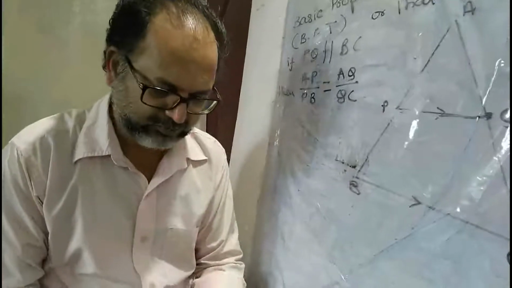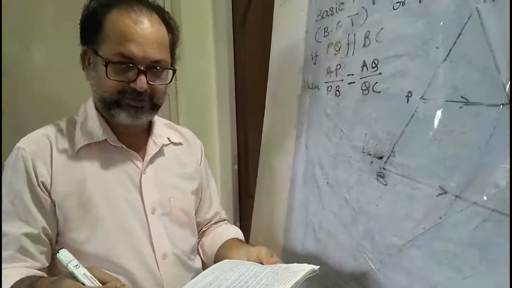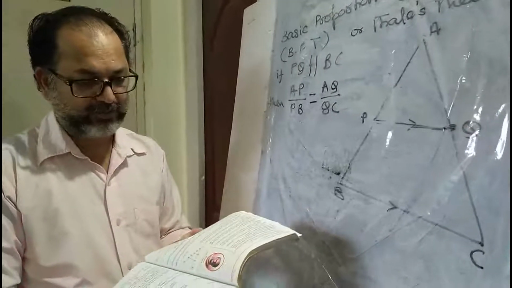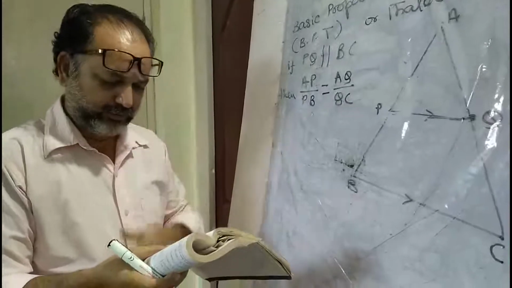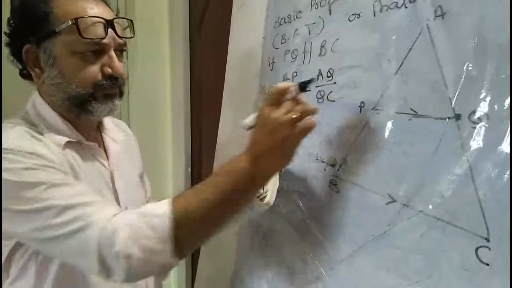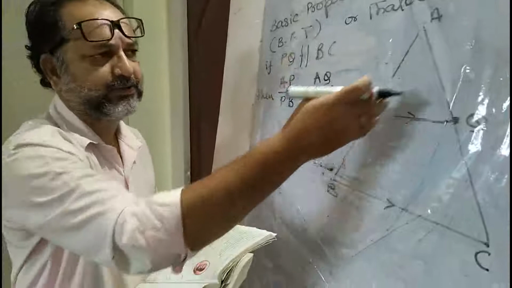In fact, it is the theorem written here in the lesson Triangles. Theorem 6.1: If a line is drawn parallel to one side of a triangle to intersect the other two sides in distinct points, the other two sides are divided in the same ratio.